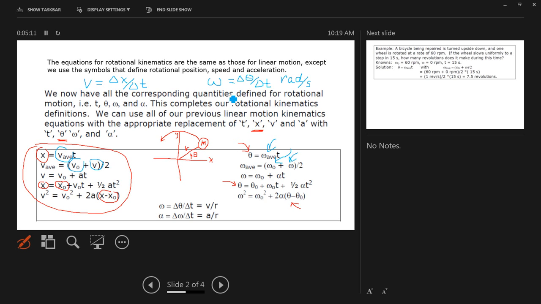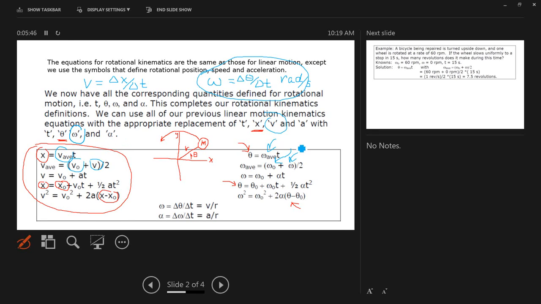So this is called angular speed or angular velocity in radians per second. We've converted x to theta, and we've converted v to omega.